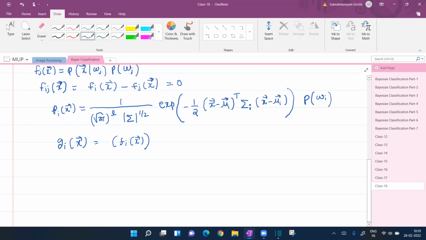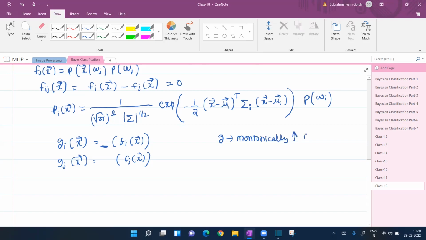Similarly, gj of x bar, some function of fj of x bar, and this g is a monotonically increasing function.